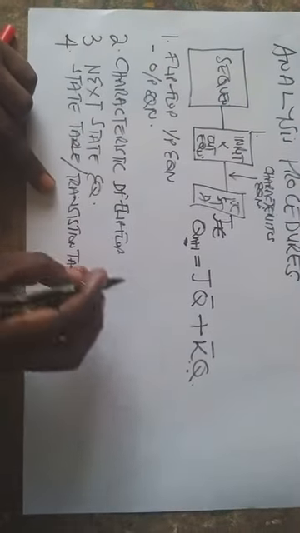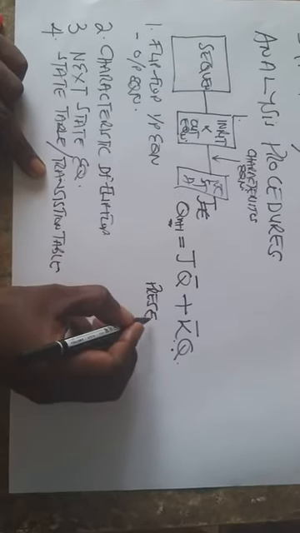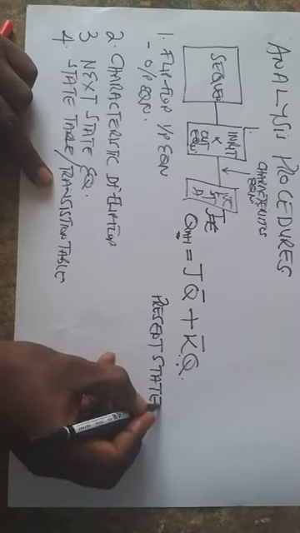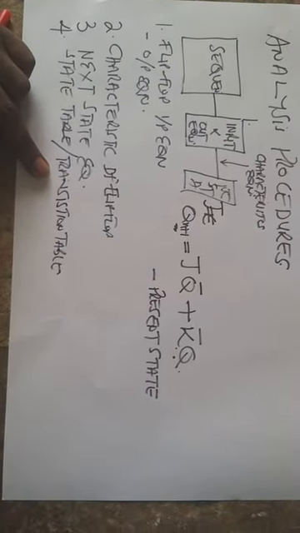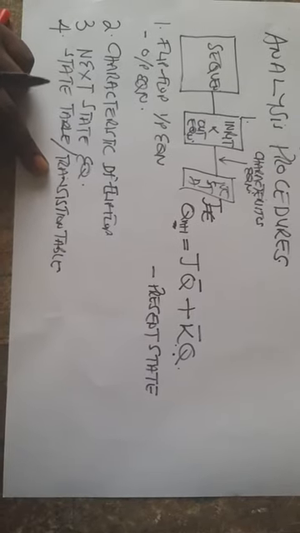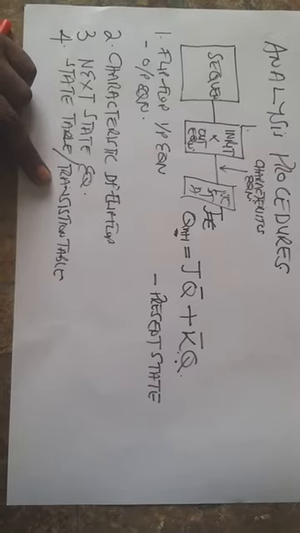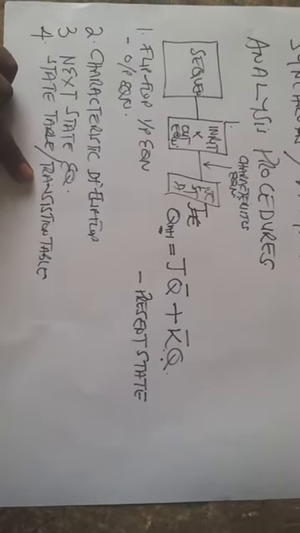We have the present state. The present state designates the state of the flip-flop before the occurrence of our clock.